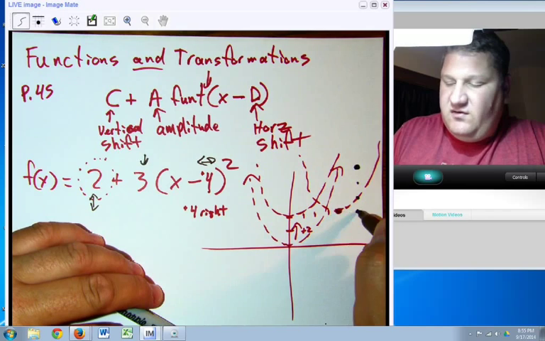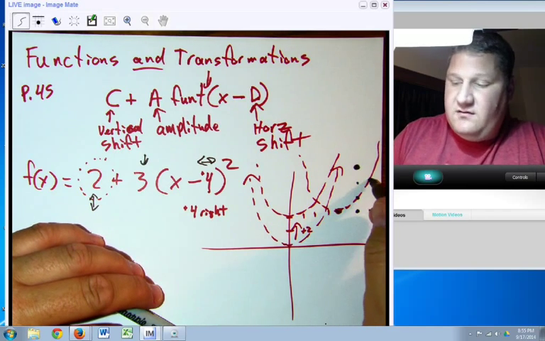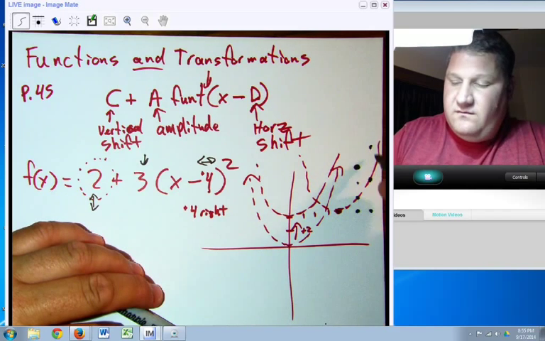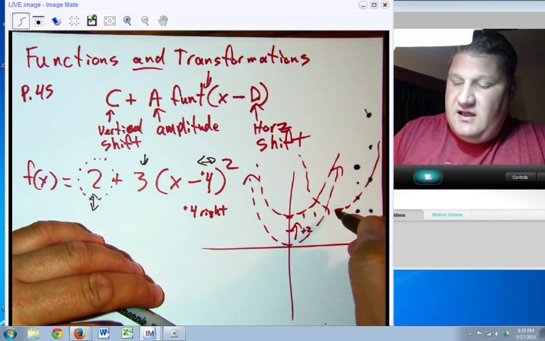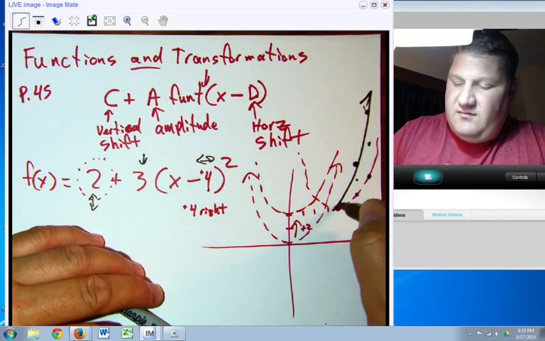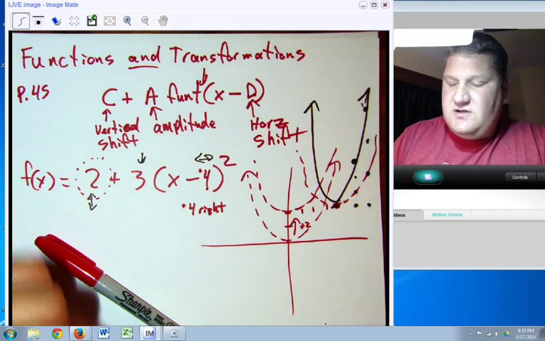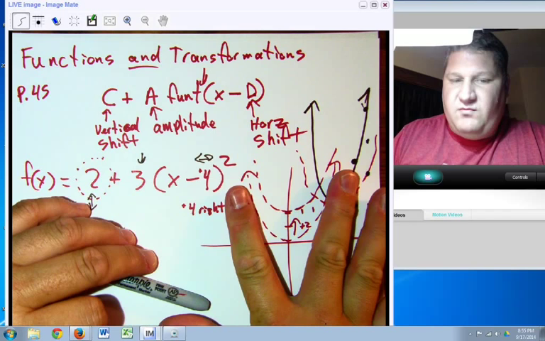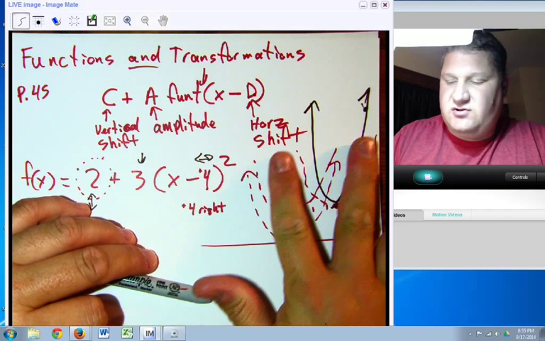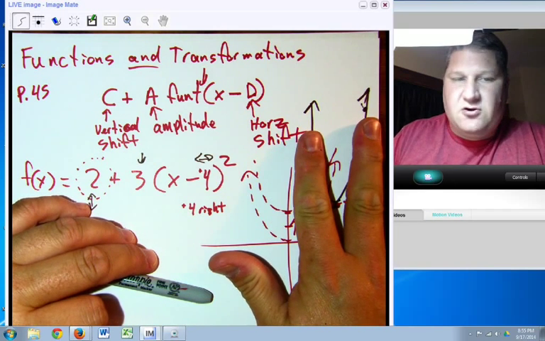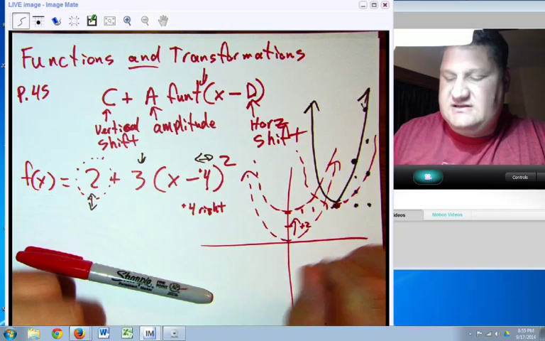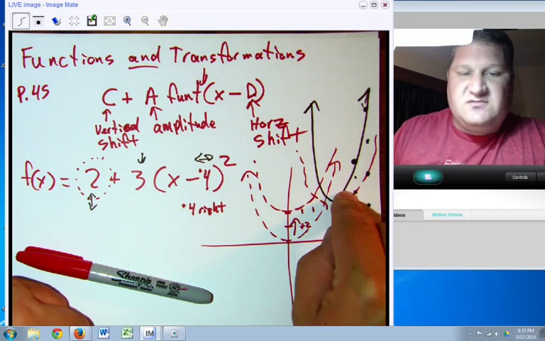Instead of over 2 and up however many this is, it's 1, 2, 3. And so what you end up with is the same problem, but it's now much taller. You'll notice a parabola, when it gets taller, actually looks skinnier. So taller in essence turns into skinnier in terms of parabolas.